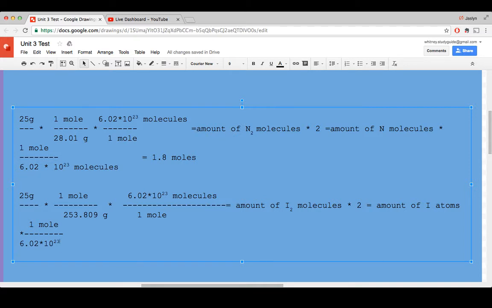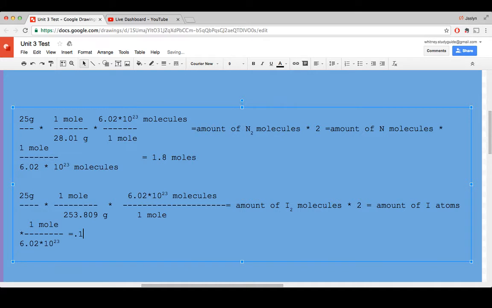So let me just enter this into my calculator here, and so I got 0.196.